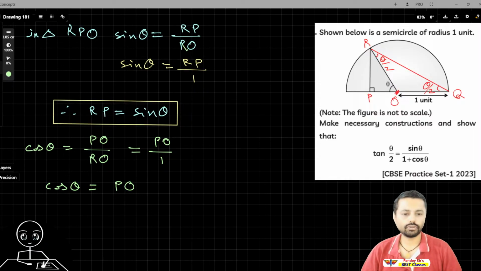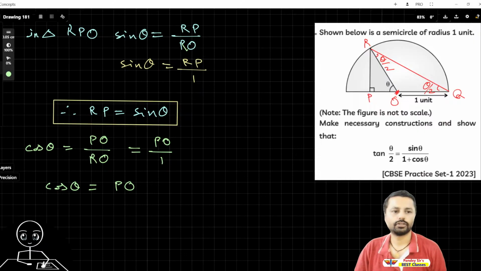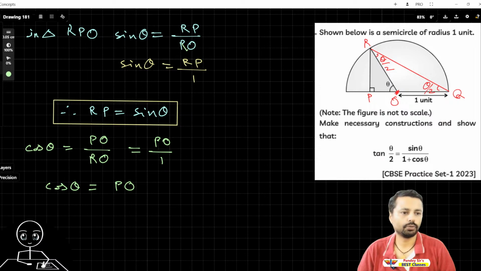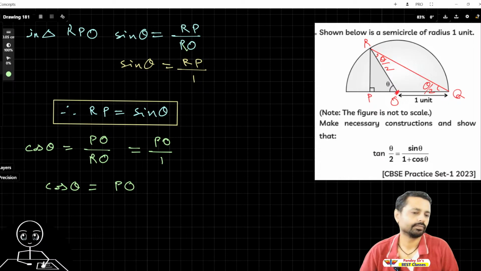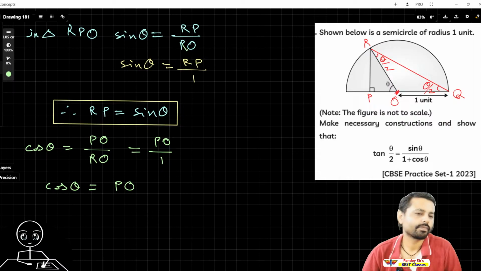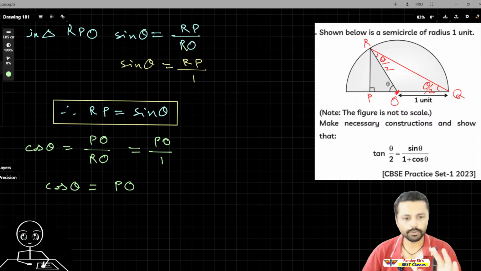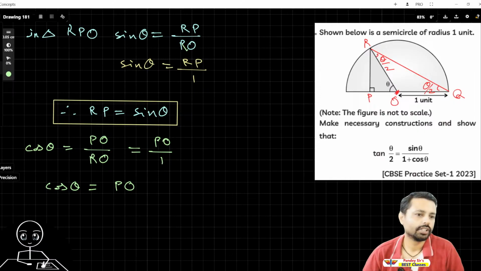Now tan theta by 2 equals what? Tan theta by 2 is RP by PQ.